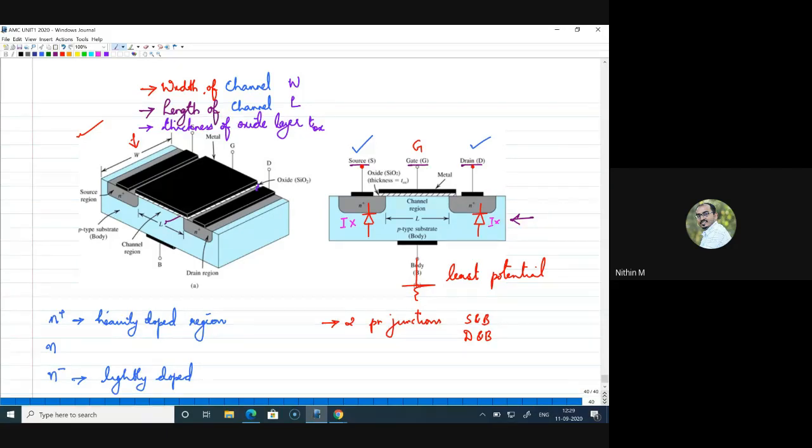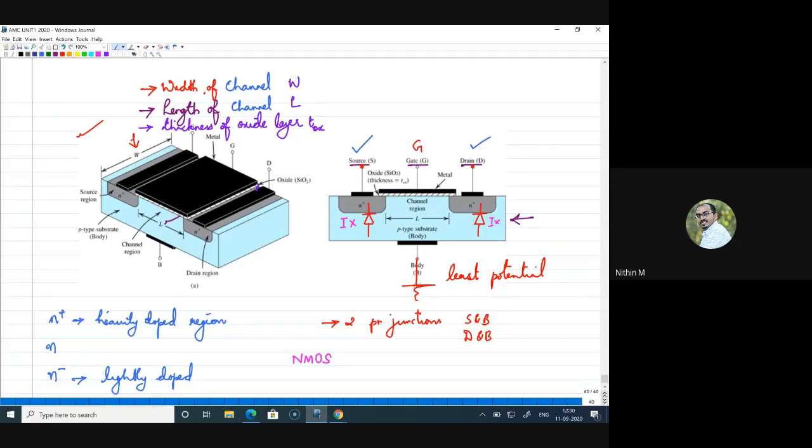Now if the body is a P substrate, how do we name this MOSFET? If body is a P substrate, we call this MOSFET an N MOSFET. We call this an N MOSFET because current is flowing between source and drain. Those are N layers, and the current flow will happen through a channel which is formed between source and drain.